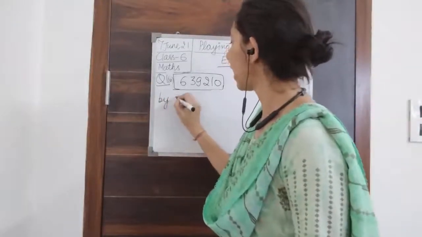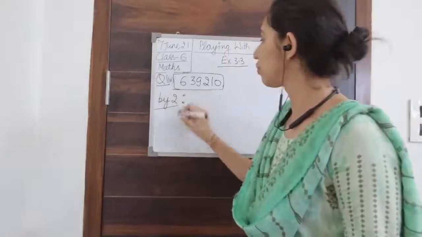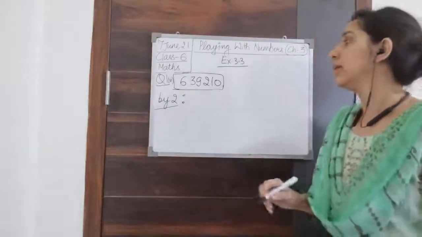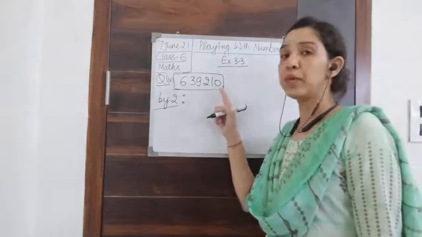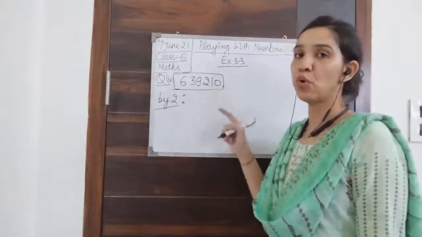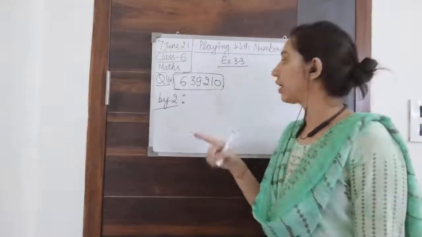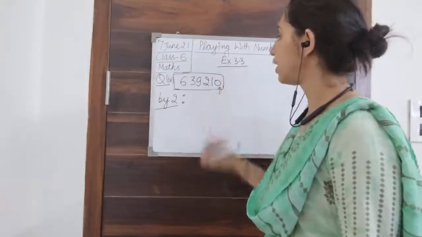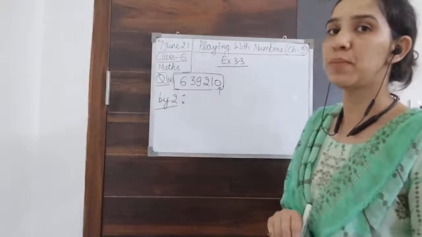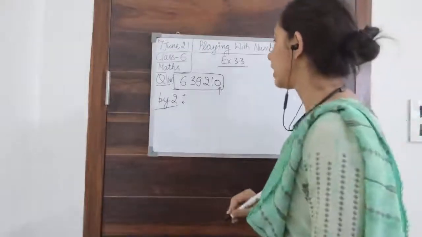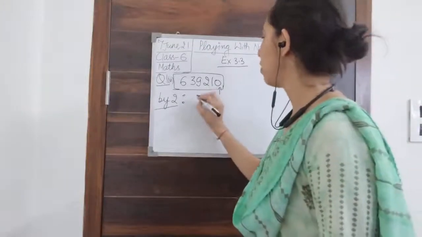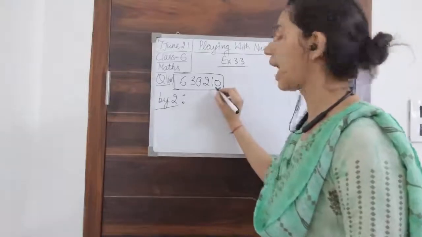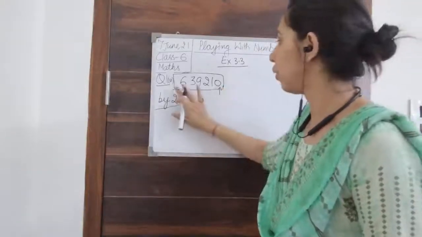First we will check by 2. By 2, if you remember correctly, the number on units place should be 0, 2, 4, 6 or 8. Okay, as the number on units place is 0, it means this number is divisible by 2. So you will write, yes, this number is divisible by 2. Reason being, the number at units place is 0.